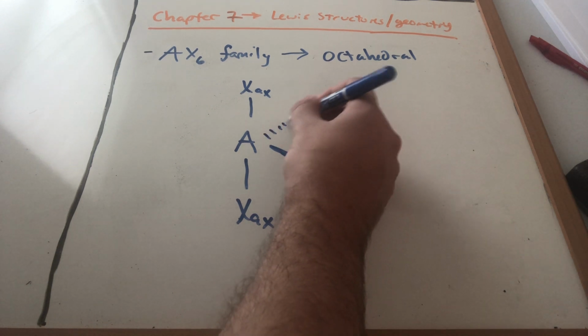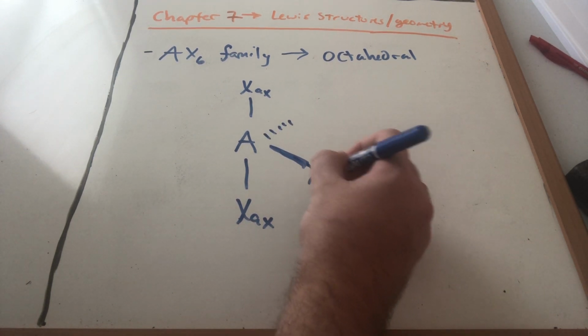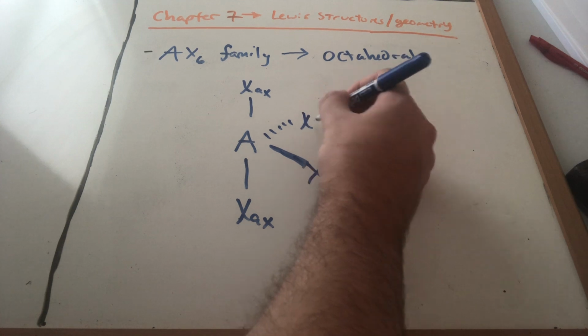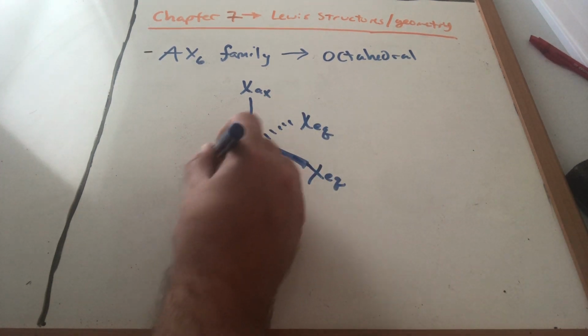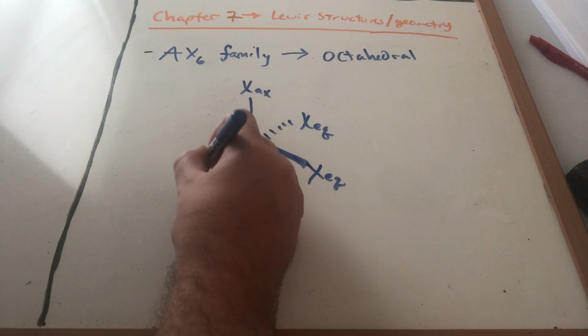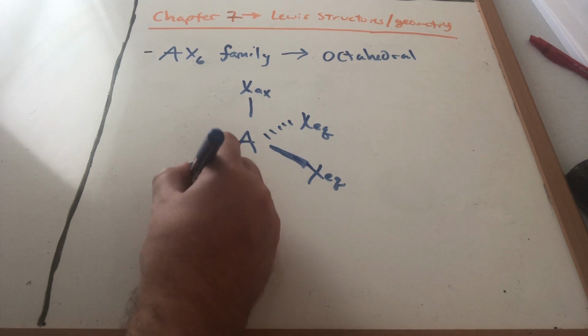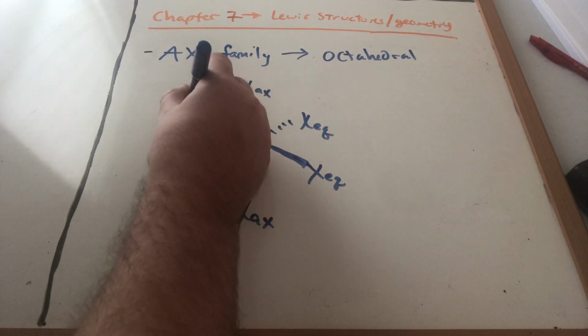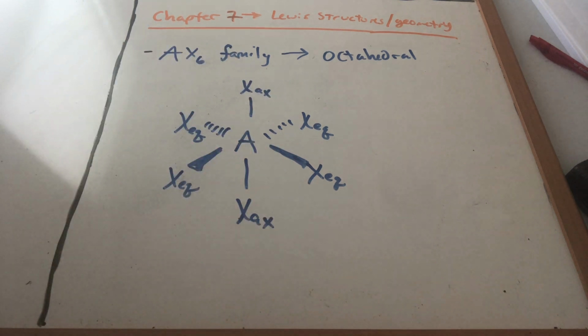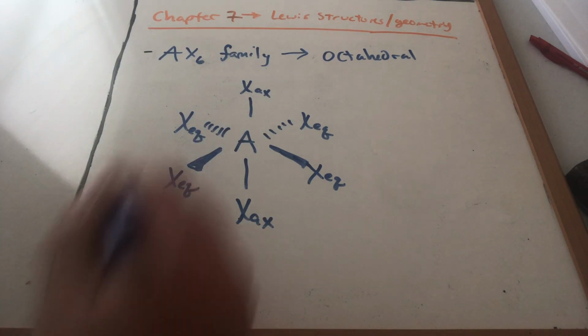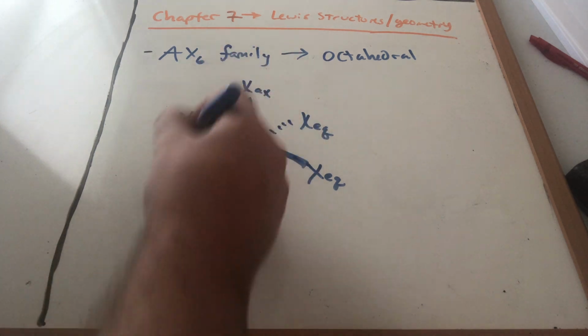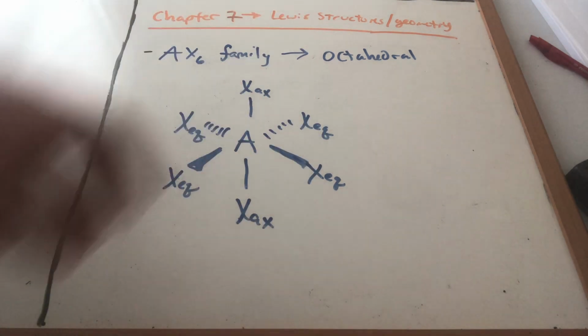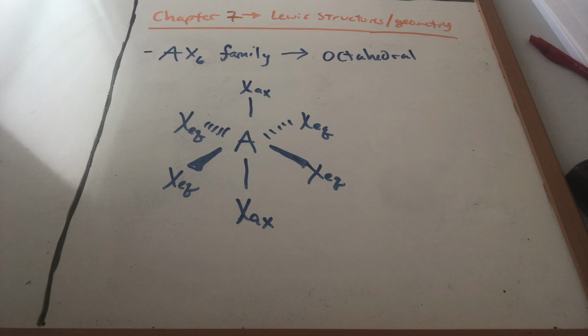Instead of having equatorial positions that make a triangle, when there are 6 things around a central atom, the equatorial X's make a square. And the reason it's called an octahedral is that if you make a triangle between the outside X's, there are actually 8 faces. If you've ever seen an 8-sided die, that's what this is making. It's making that octahedral shape.